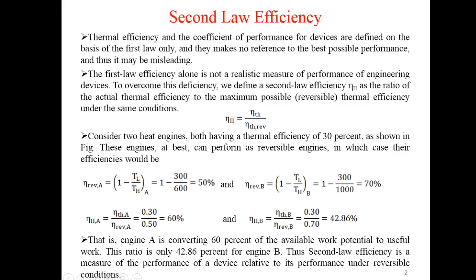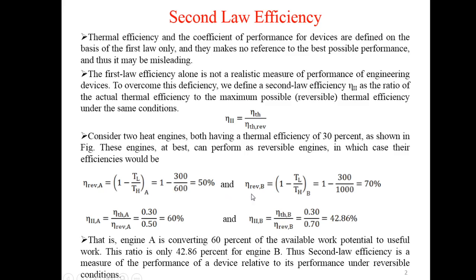These engines at best can perform as reversible engines, in which case their efficiency would be, for reversible heat engine A, given by the formula 1 minus lower temperature divided by high temperature. So it will be 1 minus 300 divided by 600, equal to 50%.